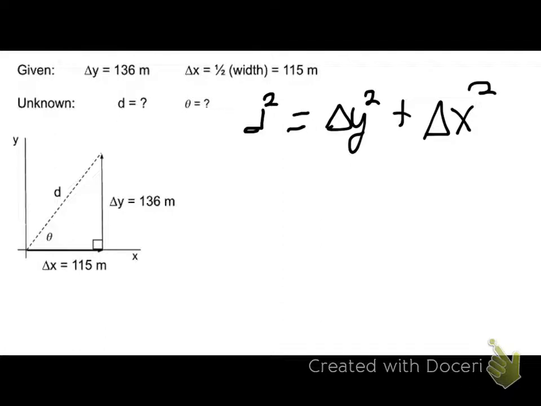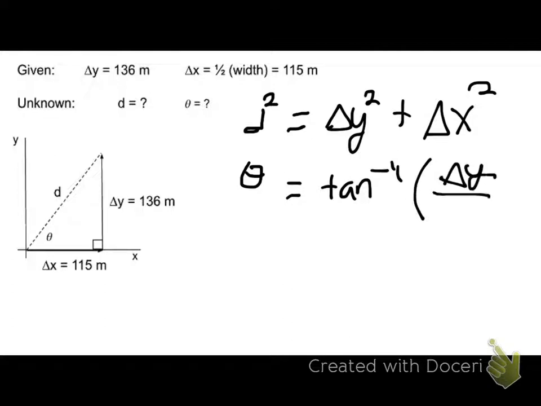And then for the angle, we have to get the angle by itself. So theta is going to wind up equaling the inverse of tangent times our delta y and our delta x.